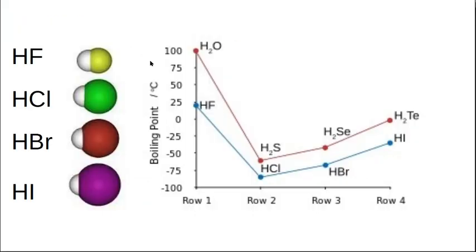You can see this exact same trend when you look at the hydrogen halides. Hydrogen fluoride's the smallest, then hydrogen chloride, hydrogen bromide, and hydrogen iodide. So here's the water, sulfide, selenium, tellurium that we looked at earlier. And if you look at hydrogen iodide, hydrogen bromide, hydrogen chloride, up to hydrogen fluoride, hydrogen fluoride has got a way higher boiling point. Bear in mind that it's actually 25 degrees, which is not a lot.